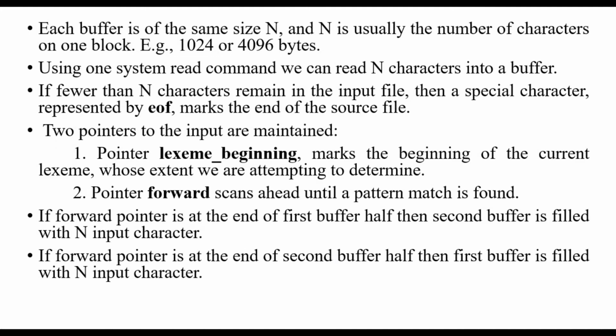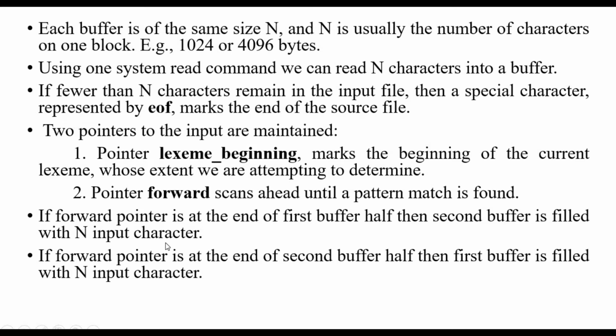Two pointers to the input are maintained: the lexeme begin pointer and the forward pointer. Lexeme beginning marks the beginning of the current lexeme, whose extent we are attempting to determine. The forward pointer scans ahead until a pattern match is found. This forward pointer is incremented until it finds the pattern match.